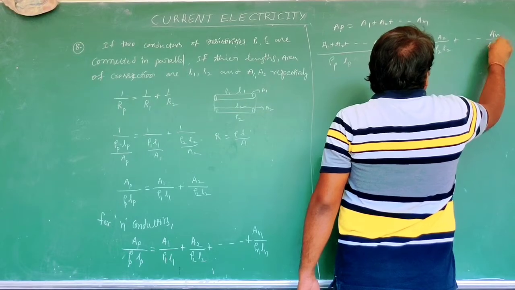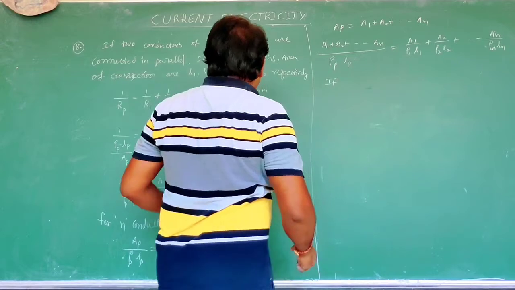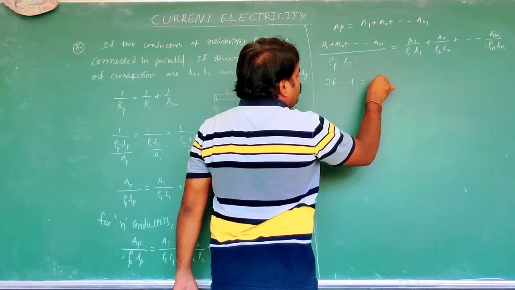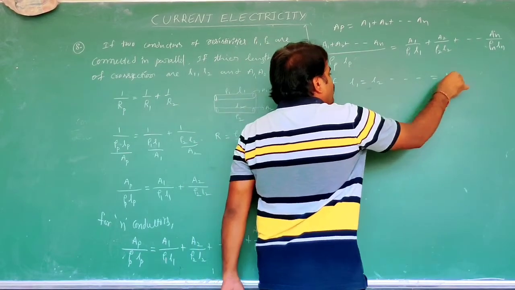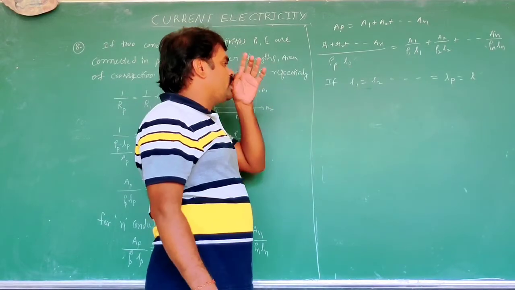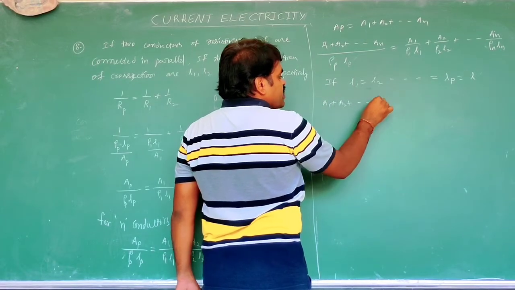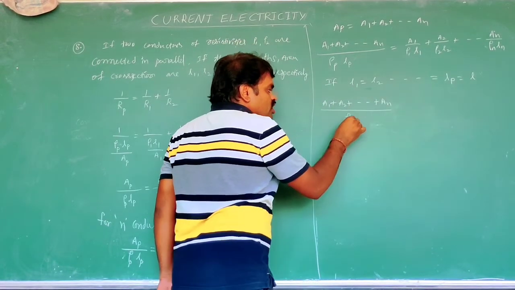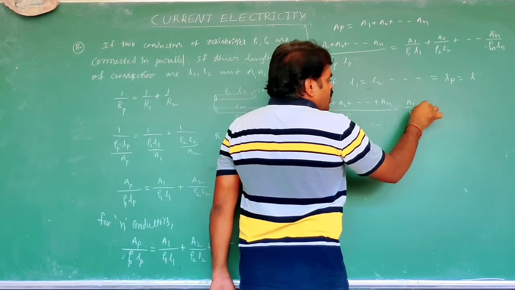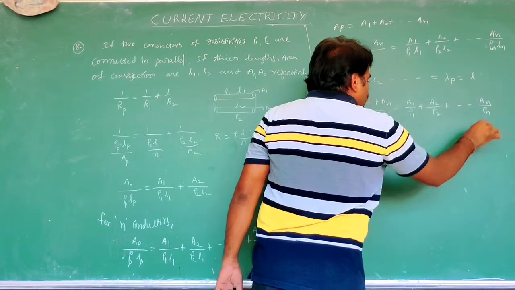If in the parallel combination we take the lengths to be equal, that is L1 is equal to L2 is equal to and so on up to LP, which is equal to L, then L is common in all the terms in the denominator and cancels. We get A1 plus A2 plus up to An by rho P is equal to A1 by rho 1 plus A2 by rho 2 plus up to An by rho n.